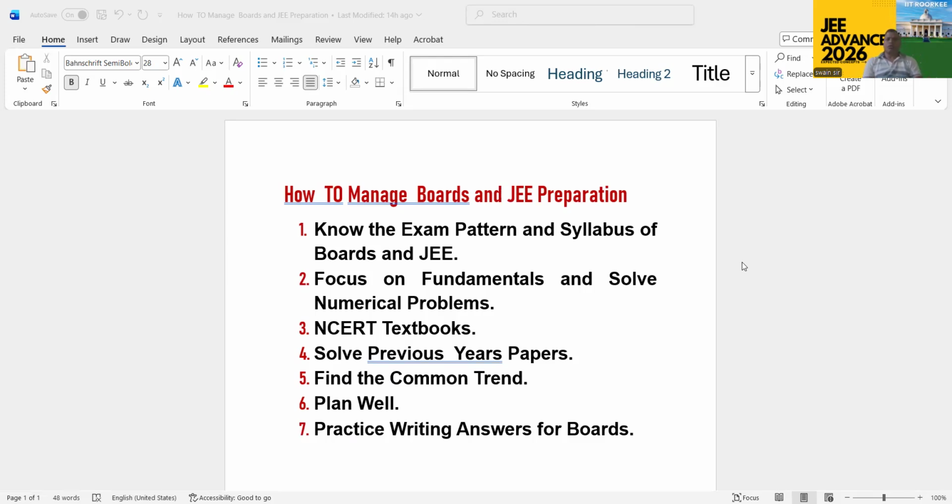You can use these books, or for algebra, Hall and Knight, and S. L. Loney for coordinate geometry and trigonometry. It is the very best book and also very cost effective.